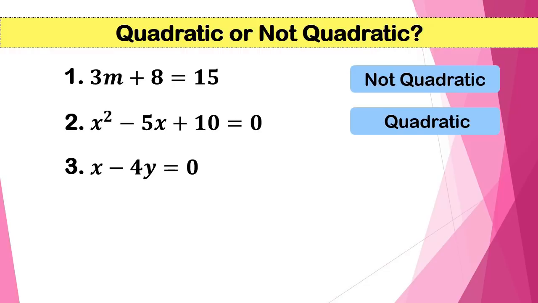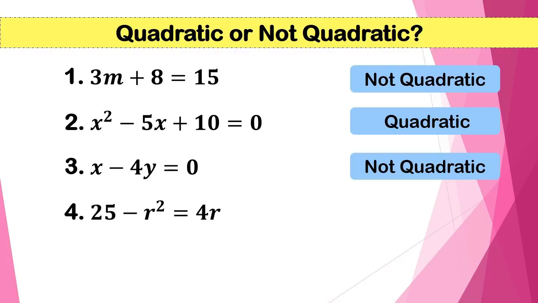So as you can see, we have different kinds of variables which are x and y. Definition natin ng quadratic equation, walang nagsasabi na ang quadratic equation is composed of two different variables. So therefore, this equation is considered as not a quadratic equation.